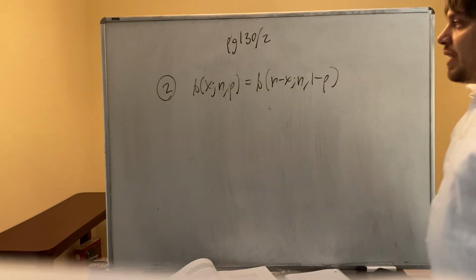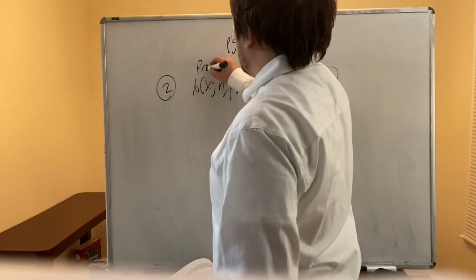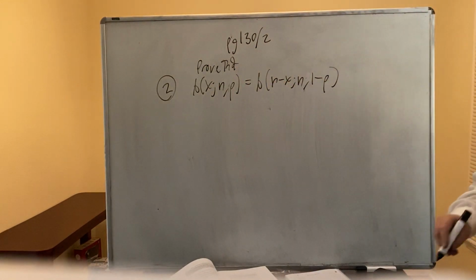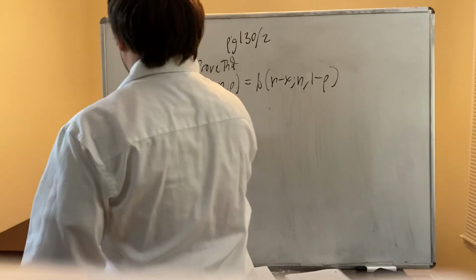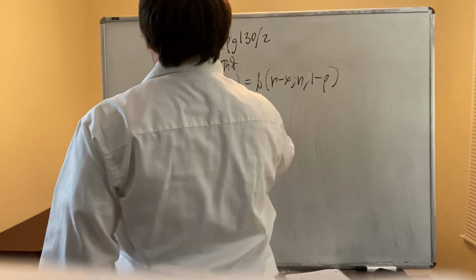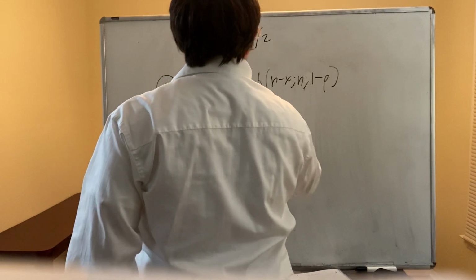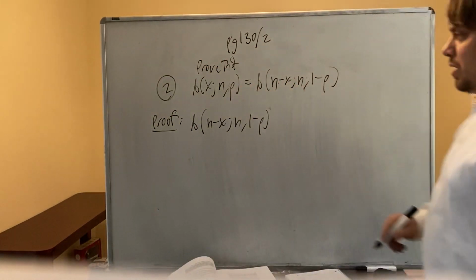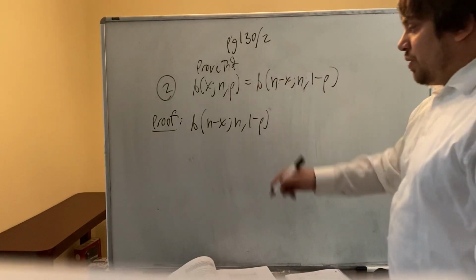Prove that that equals that. Proof. Let's start with the weirder one, b of n minus x, n, 1 minus p, and let's show it equals the less weird thing, the regular function.